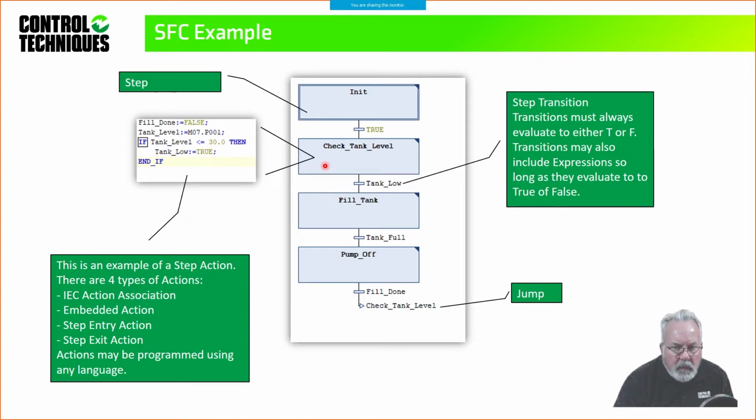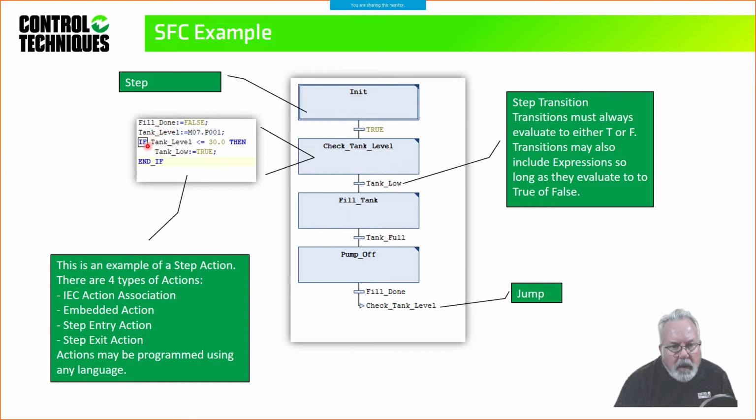Now, I'll show you how to add an action to a step. And once you decide that you're going to add an action to a step, the code in the step can be coded using any language you would like. Including Sequential Function Chart, which doesn't make a whole lot of sense, and I wouldn't advise that. But here I have a step action that I coded using structured text, and it's just like any other.